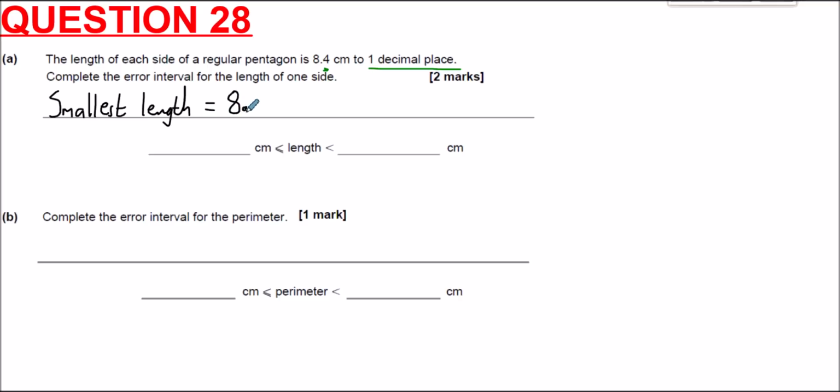It would have to be 8.3 something. 8.36 would round to 8.4, as would 8.37. The smallest possible number you can have which still rounds up is a 5. 5 or more is when you round up, but any less than 5 is where you wouldn't round up. So the smallest possible length it could have been before being rounded would be 8.35.